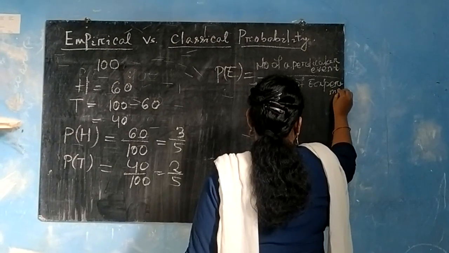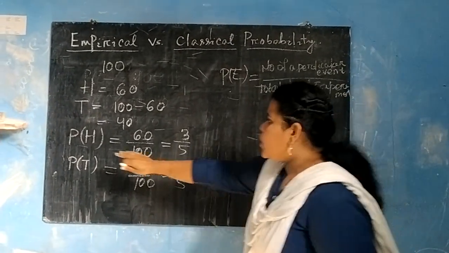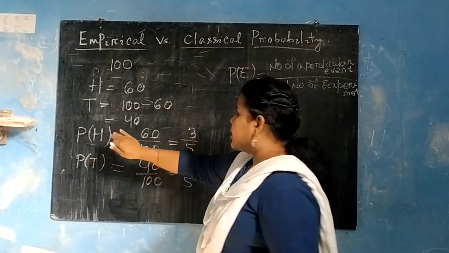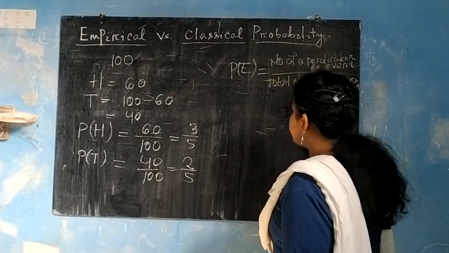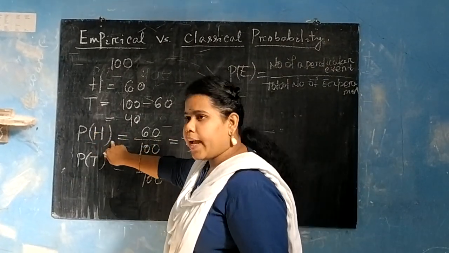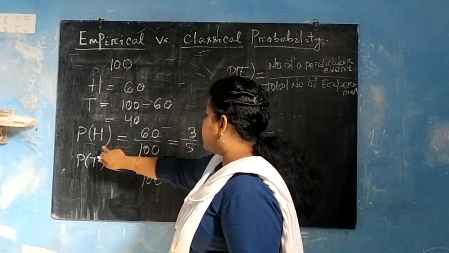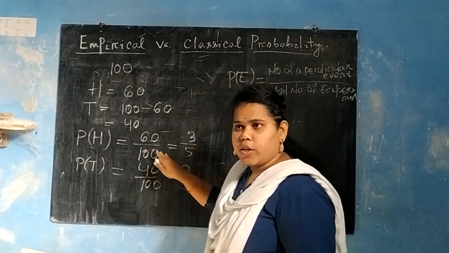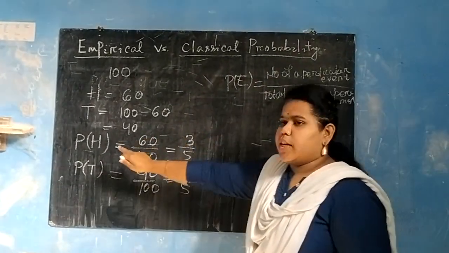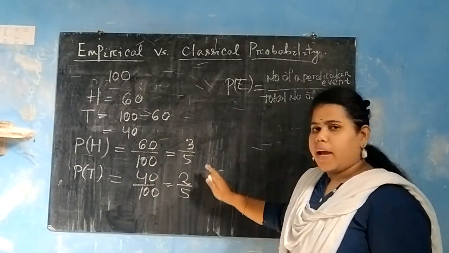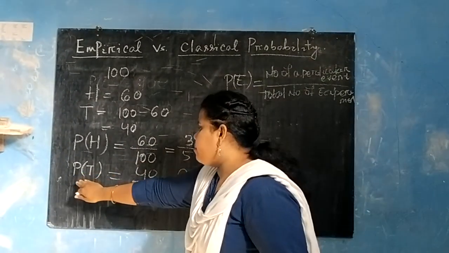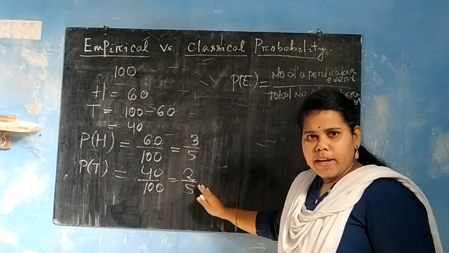So here the probability of getting head, that means the number of the particular event of getting head is equal to 60 and the number of total experiments is equal to 100. So PH is equal to 3 by 5. The probability of PT is equal to 2 by 5.